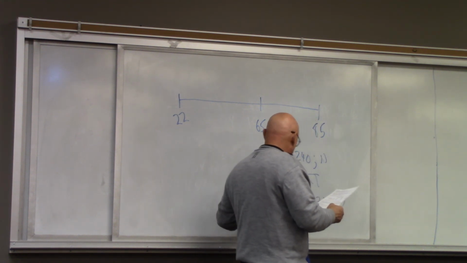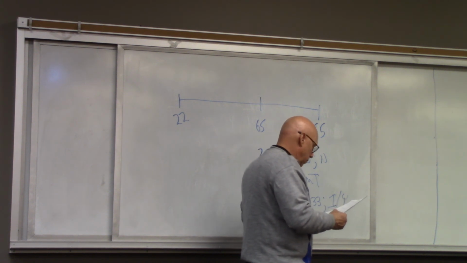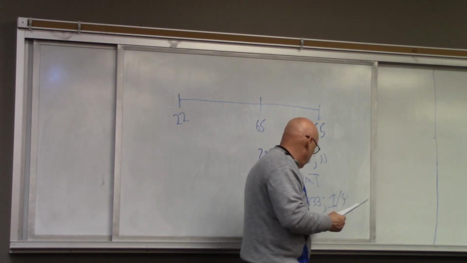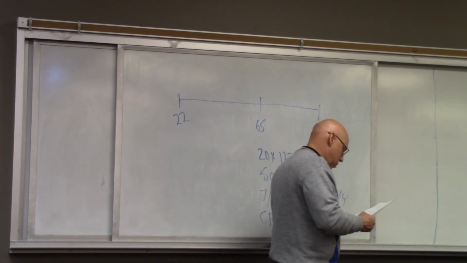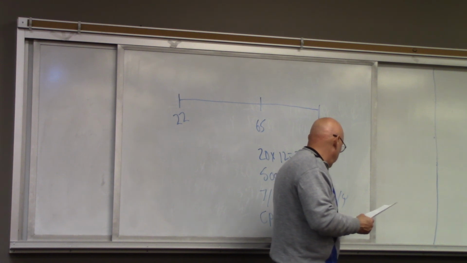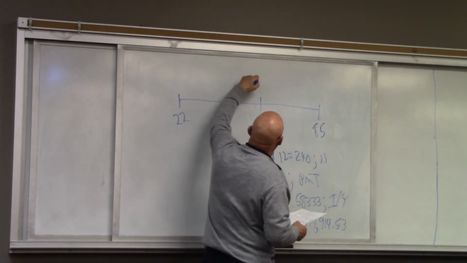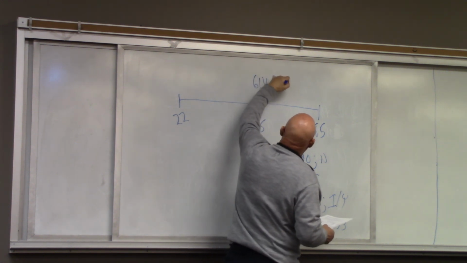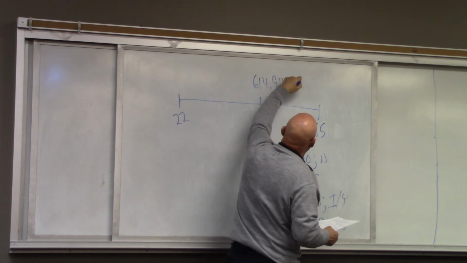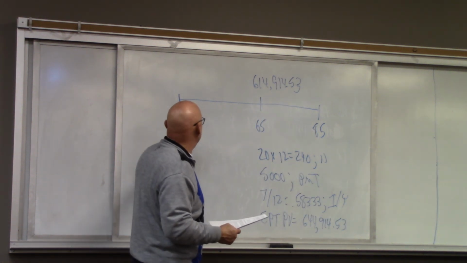Compute present value. And you get 644,914.53. Okay, so when we're 65, we need 644,914.53.